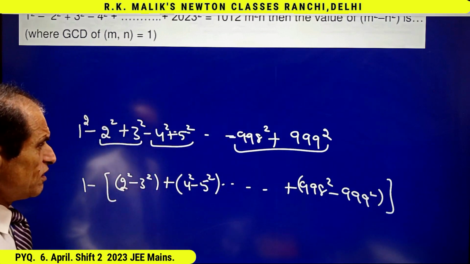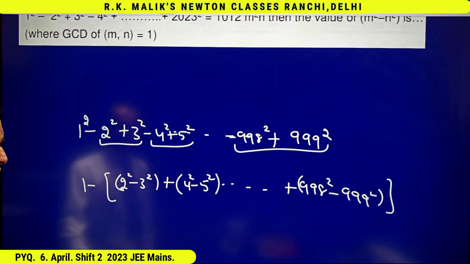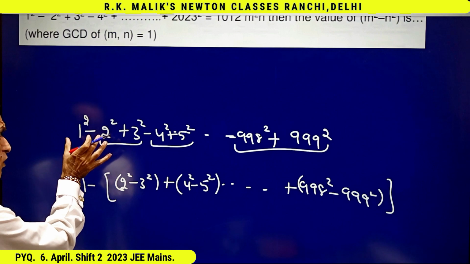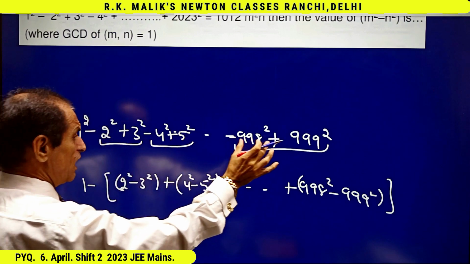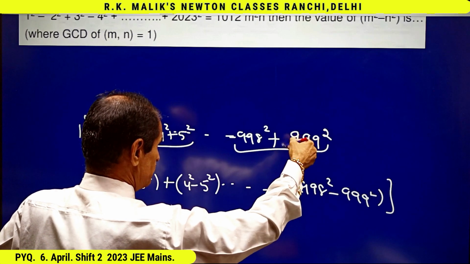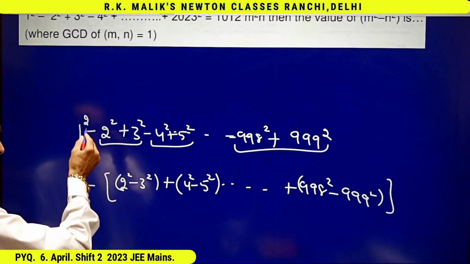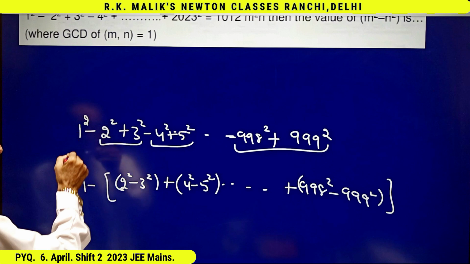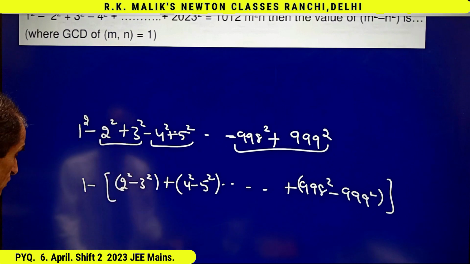Again, in this case, had I started making pairs from here, then I would have to keep this aside, and this is a bigger number to deal with, but it is a smaller number to deal with, hence it is better to do it in this way.